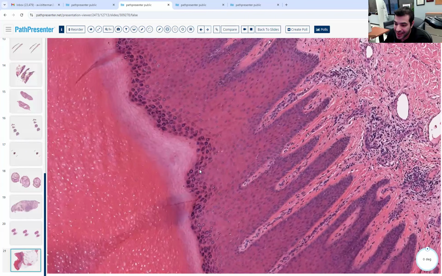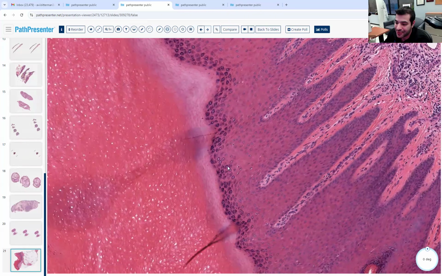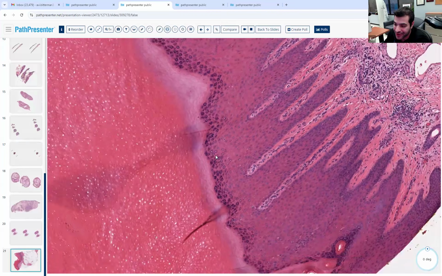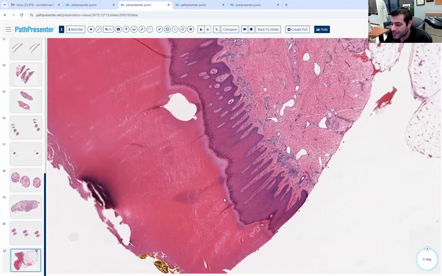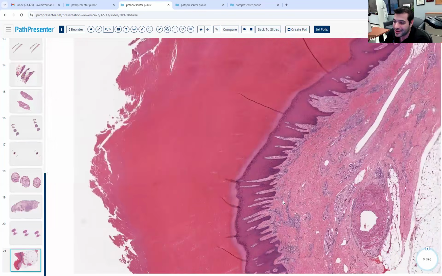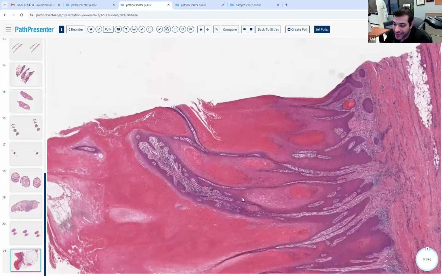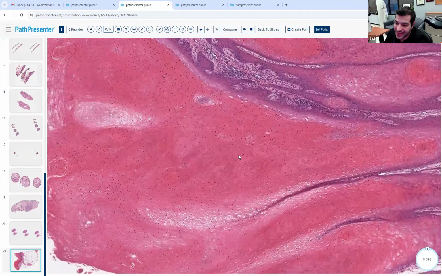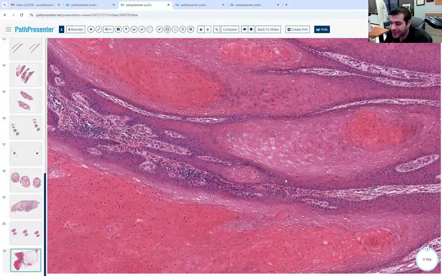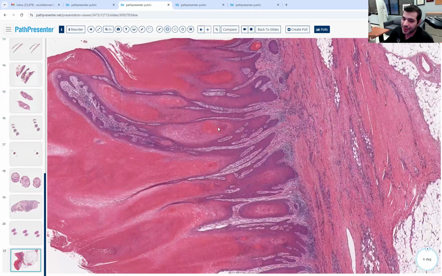You can torture yourself into thinking this granulosis is part of the wart, and there may be even some koilocytic change over here. Normal warts look a lot more like this than like this. Now, there are some other features we didn't see here, such as the rounded parakeratosis. But this is way too much for a normal wart.